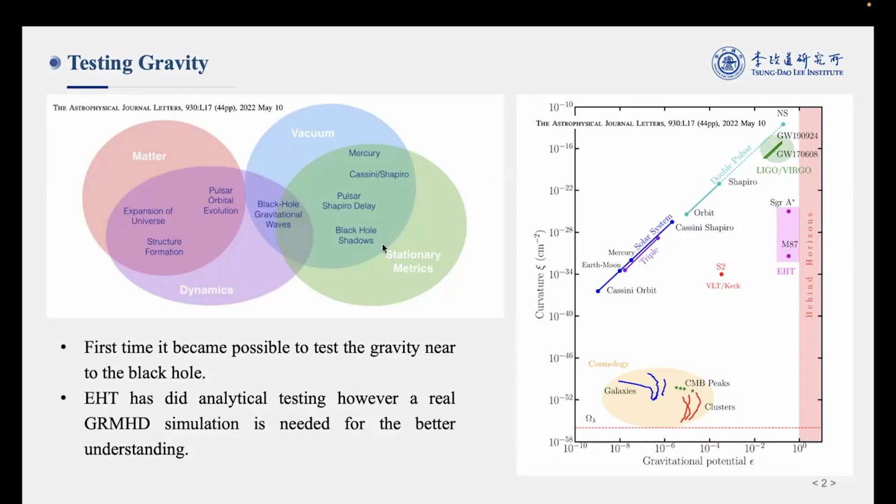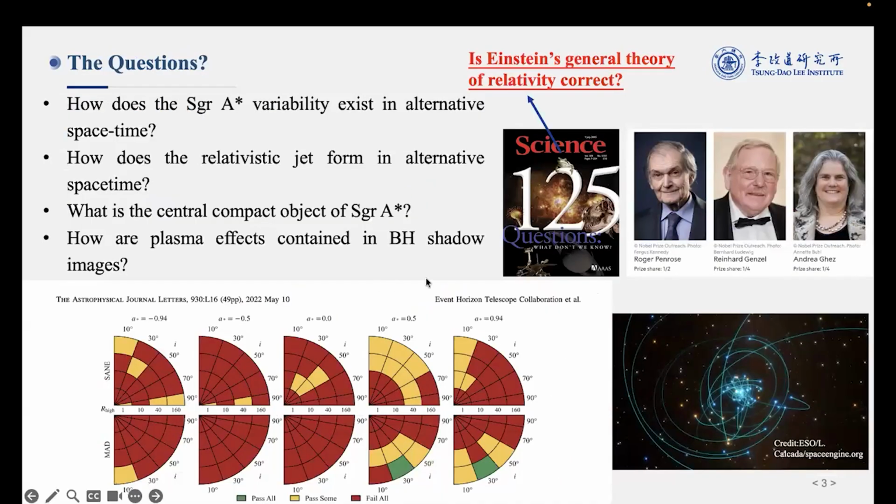Apart from that, there are a few questions that we also want to answer in this project, which we also have within the EHT. One of the main important questions is about the variability of Sagittarius A star.